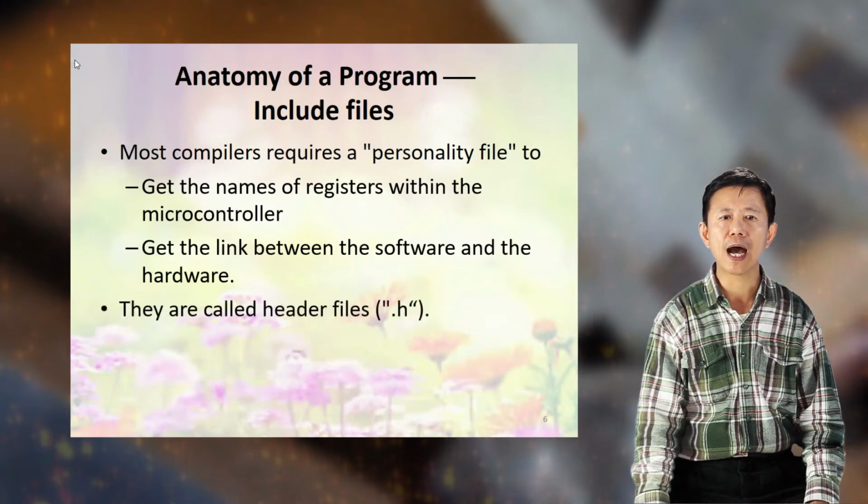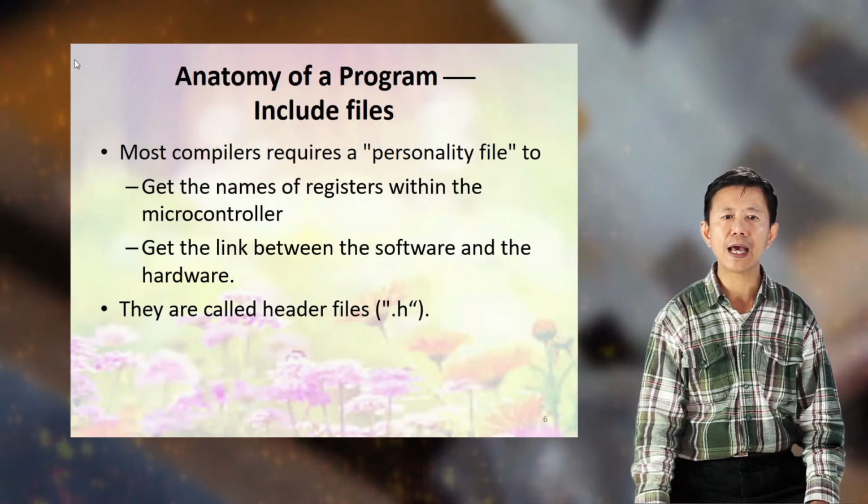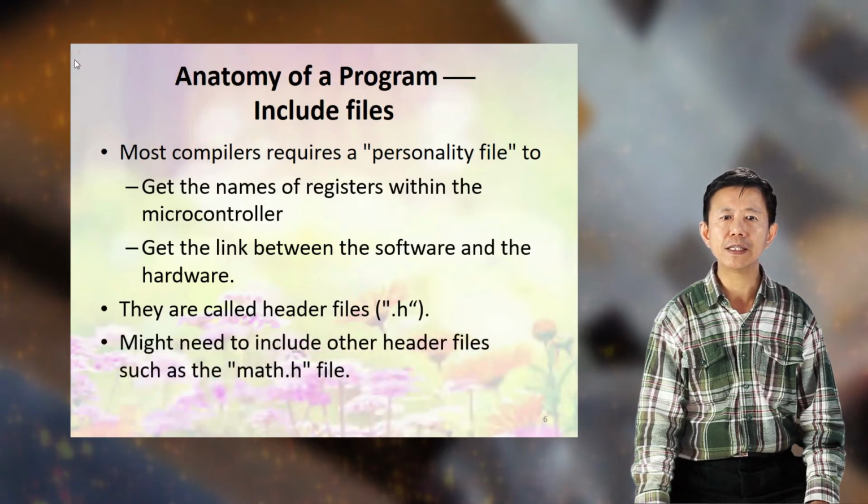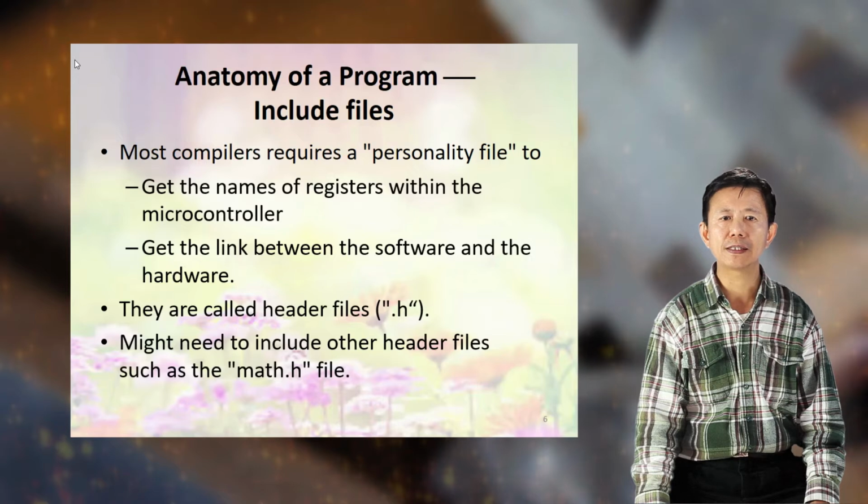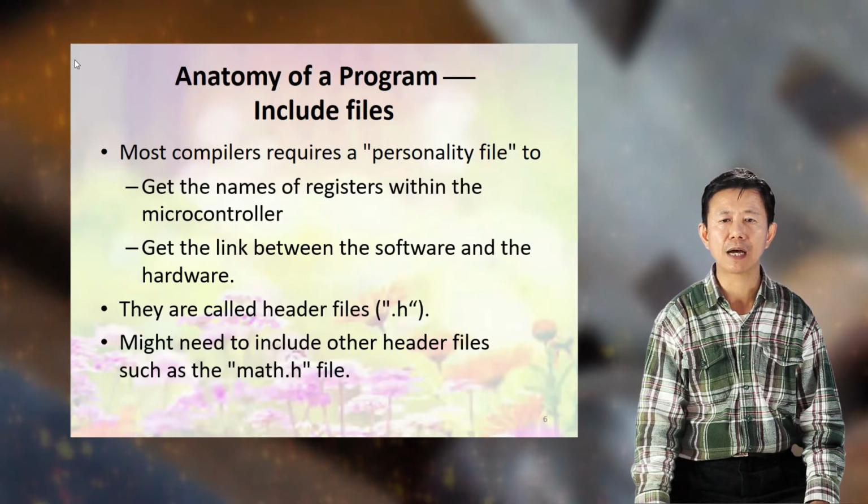These files are typically called header files, and their names end with .h. You might need to include other header files in your program, such as the maths.h file when programming with advanced maths functions.